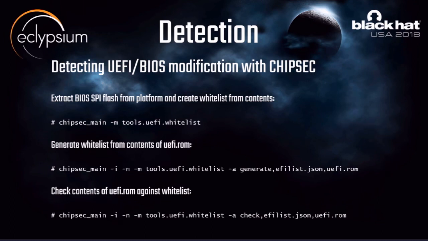And then later, maybe once you've traveled to Vegas with a bunch of other hackers, maybe you think something happened, you can go back and check your system against this whitelist that you generated previously. So it's a really useful bit of functionality.